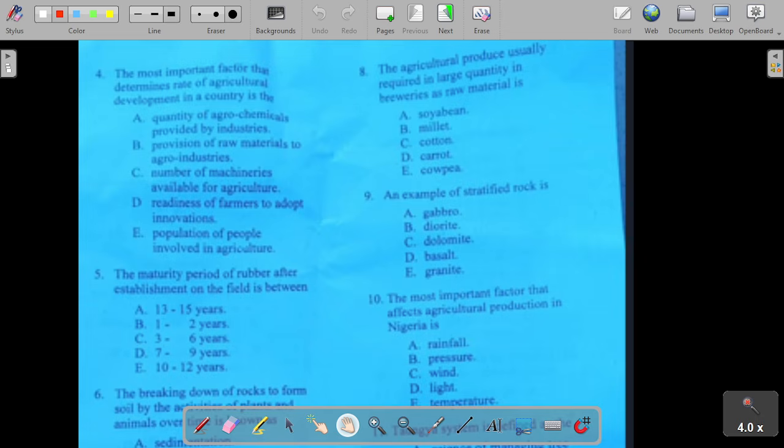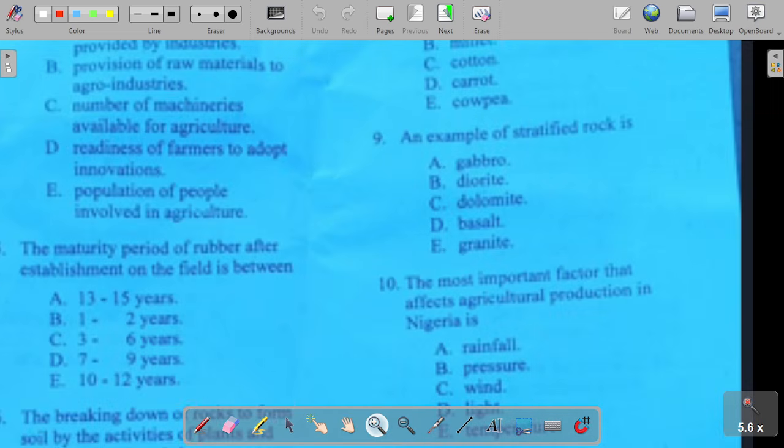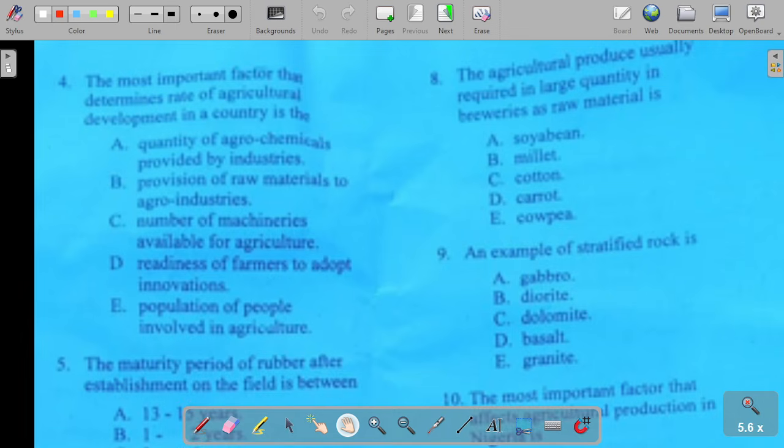The most important factor that determines the rate of agricultural development in a country is A, quantity of agrochemicals provided by industry, no, provision of raw material to agro industry, no, number of machineries available, no, farmer readiness to adopt new innovations. Yes. Number 4 is D.